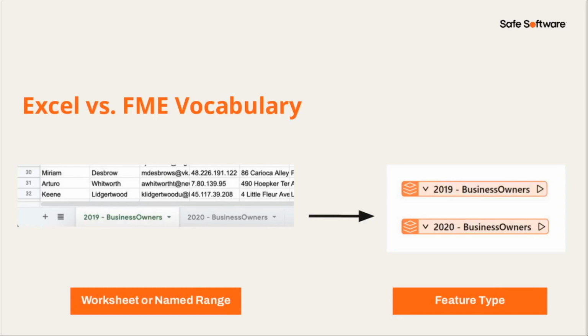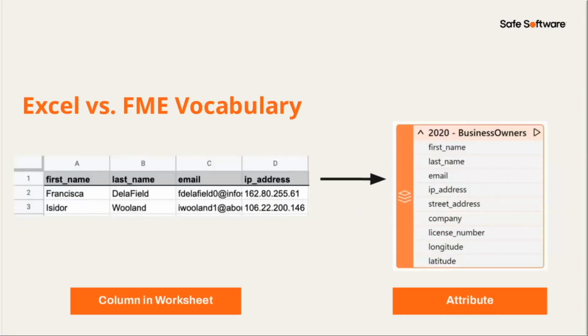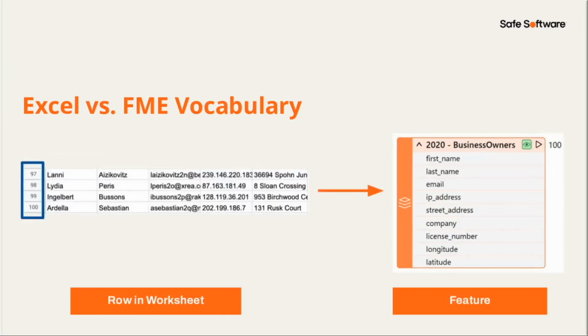For example, here we have 2019 business owners and 2020 business owners, and they're represented by two different feature types on the FME canvas. A column in a worksheet is an attribute, like how we just saw that status attribute on the spreadsheet and then on our feature type. And lastly, a row in a worksheet is the equivalent to a feature in FME.